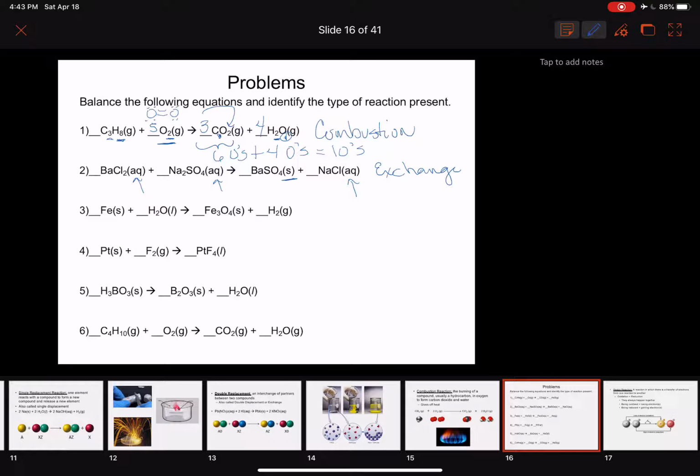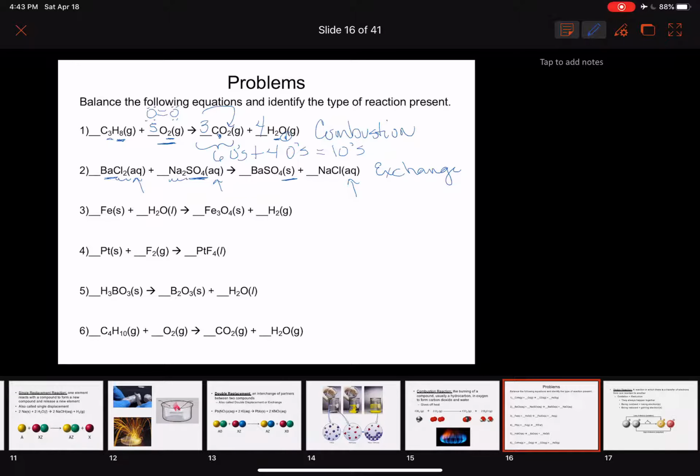So we have our cations exchanging their anions with other cations. We can see here that our barium is going to pick up sulfate, and our sodium is going to pick up a chloride.